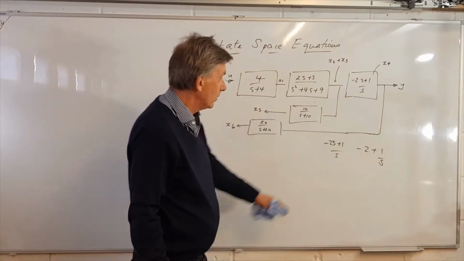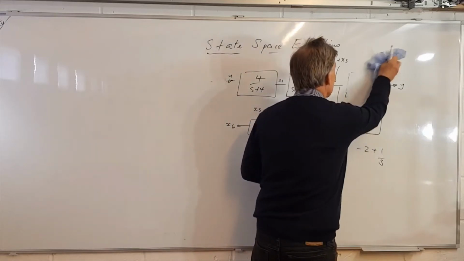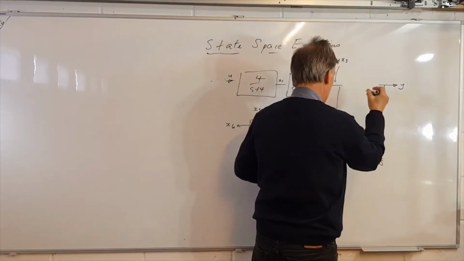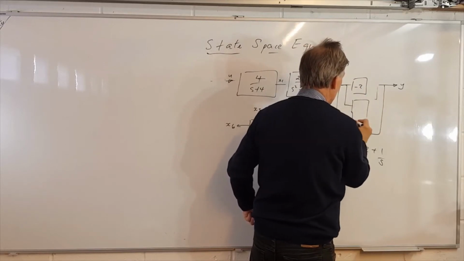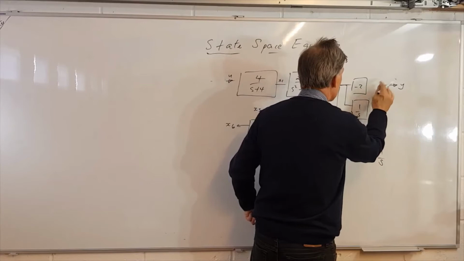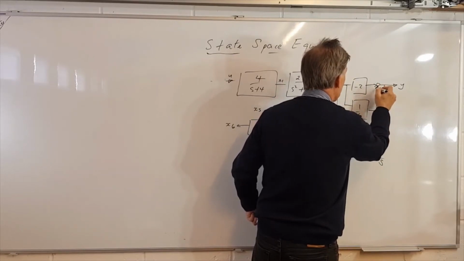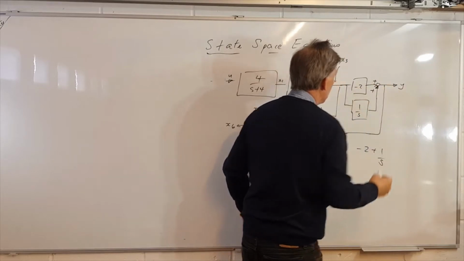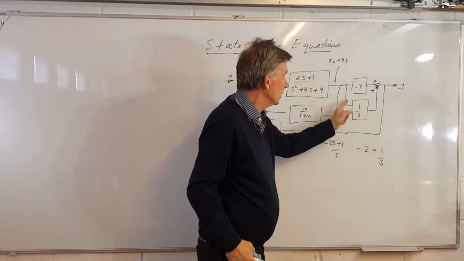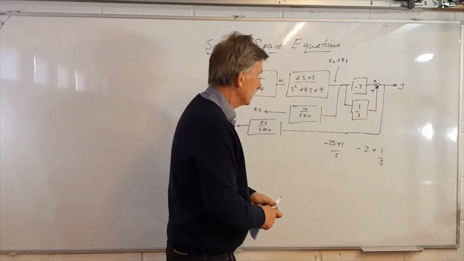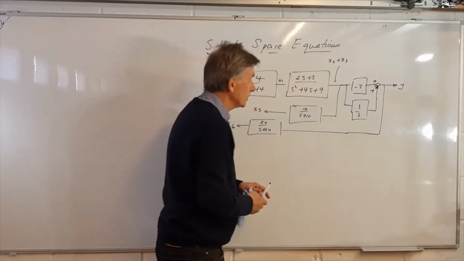And so we could reposition this block diagram as something slightly different. So we could have the minus 2 block there with the 1 over s, and we could have this as the alternative block diagram. So that's giving us the minus 2 plus s, minus 2 plus s. So that'll make life a little bit easier for us when we come to do the state space equations.